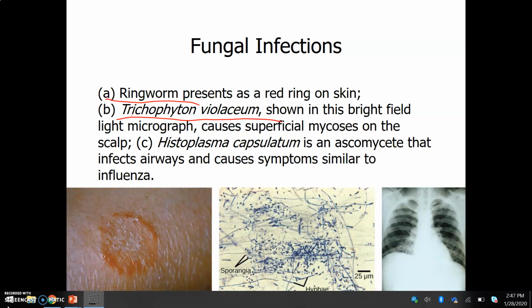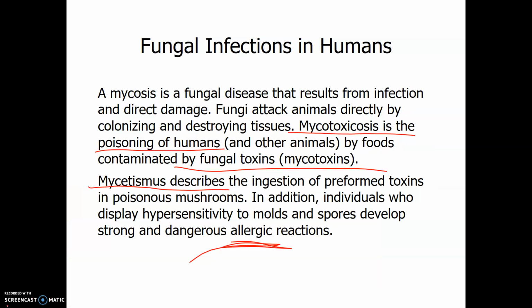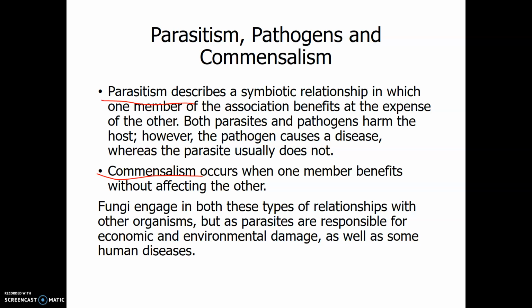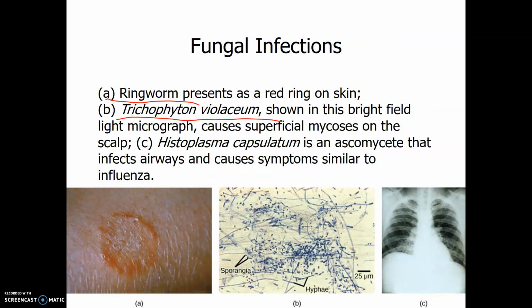Now I'm back. We left off at B, which is a microscope image, but it causes a scalp infection. And then Histoplasma capsulatum is an ascomycete that infects airways and causes symptoms similar to influenza or the flu.